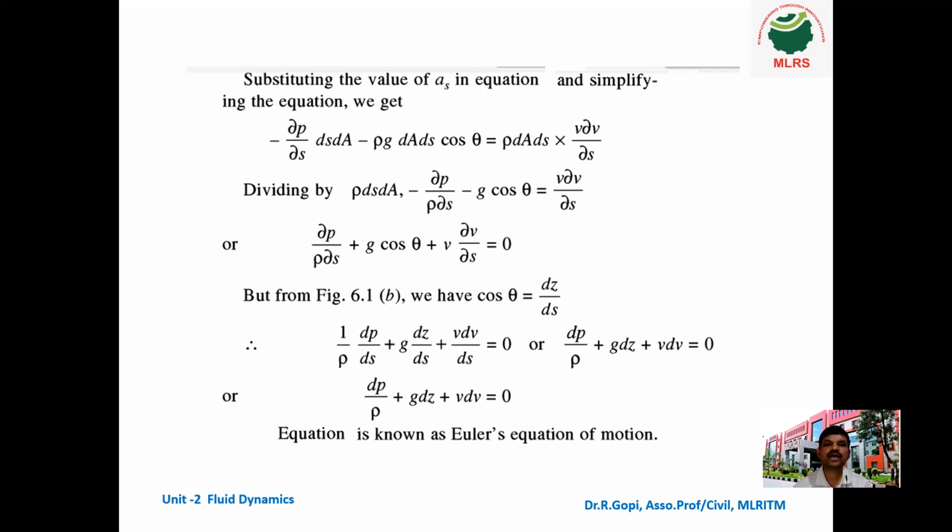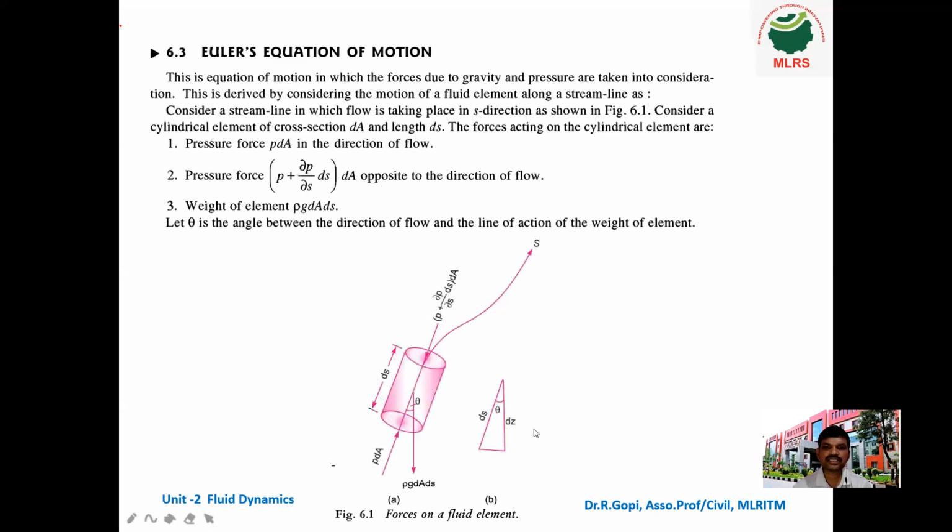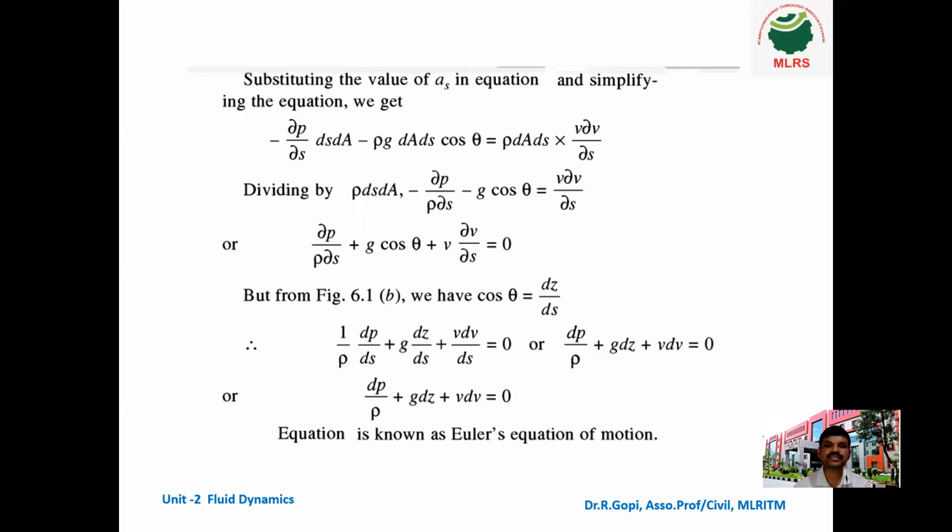So this is the final equation we got. Now we have to put cos theta. Cos theta is equal to dou Z divided by ds. You can see in this equation the vertical height is dz and this inclined portion length, that means the length of the cylinder, is ds. So now cos theta equals dz divided by ds.